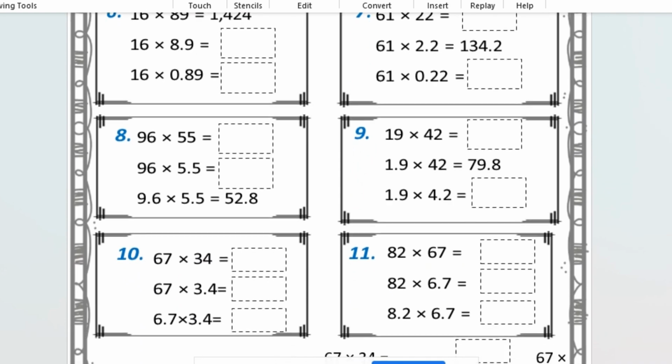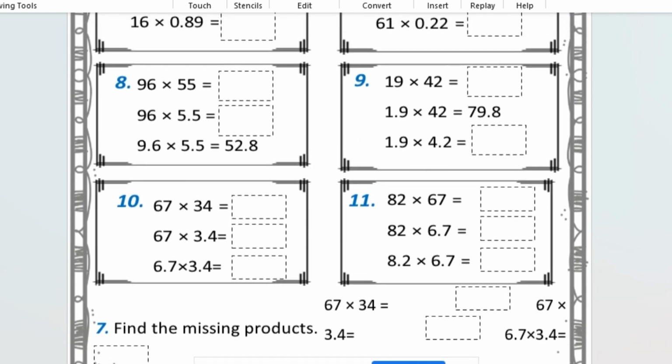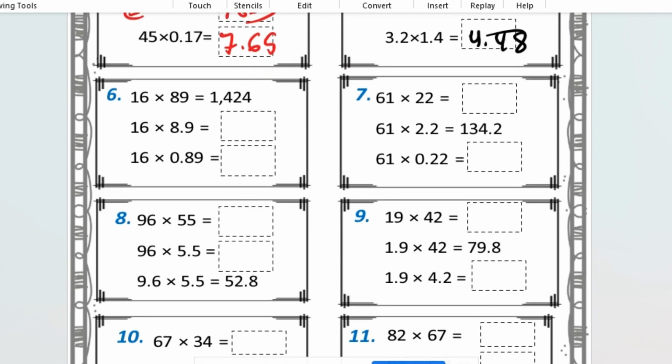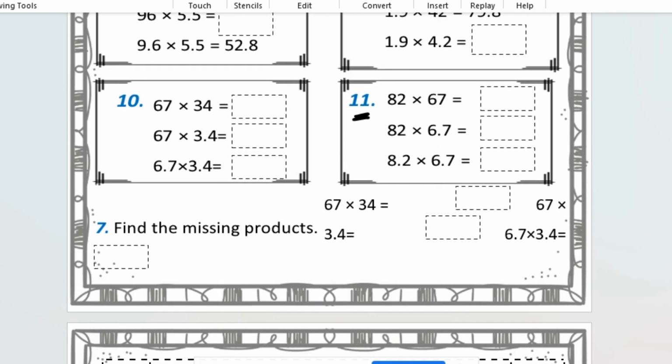Now I would like you to continue solving these questions on your own from 6 all the way to 11. It's the same idea. Now we want to find the missing products.